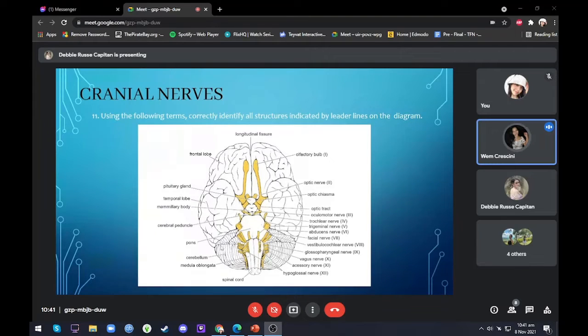And then we have here the accessory nerve and the hypoglossal nerve.